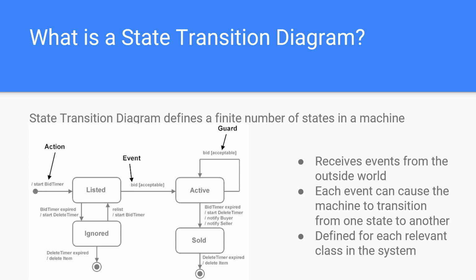This includes all the possible states of the class, each event received from the outside world that would lead to a transition from one state to another, and any actions that can result from the state change. So you can see that the state transition diagram is the life history of a class from its creation to its destruction.